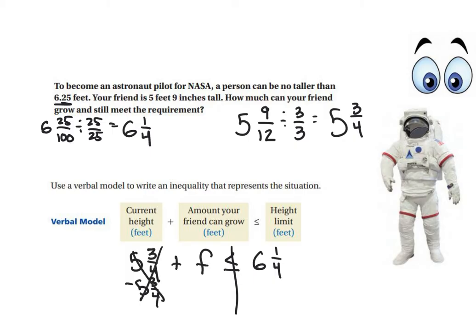Those are opposites, so we're just left with F. And on the right side, we'll take away 5 3/4, and we'll say F is less than or equal to, and then 6 1/4 minus 5 3/4 is 1/4. So our friend cannot grow more than 1/4 of an inch.